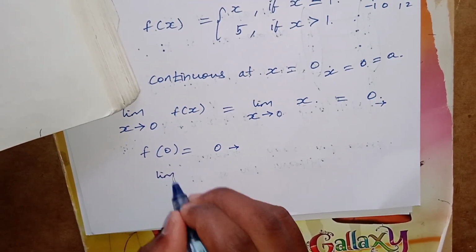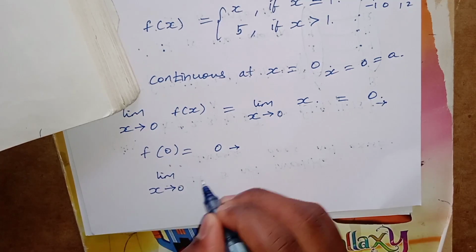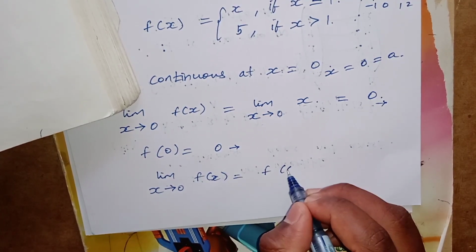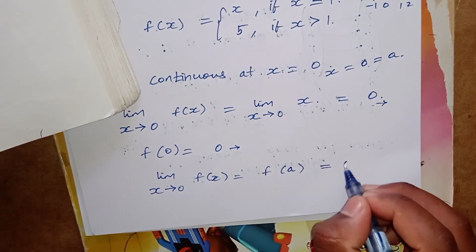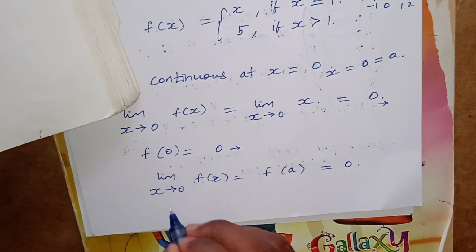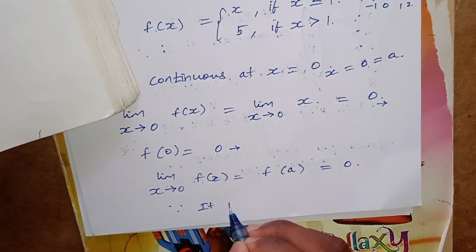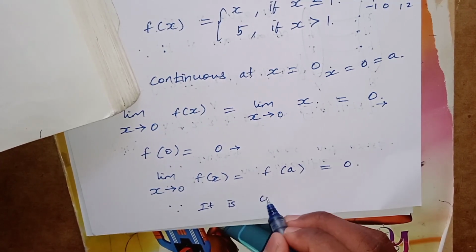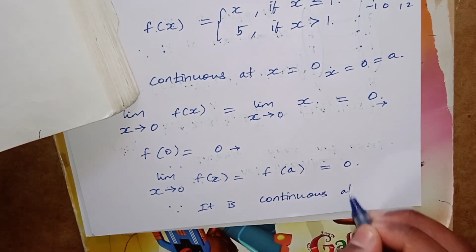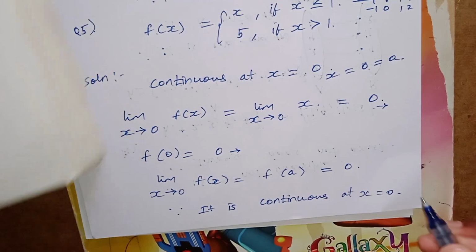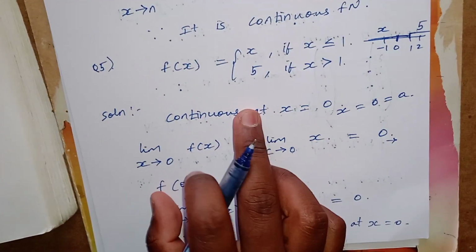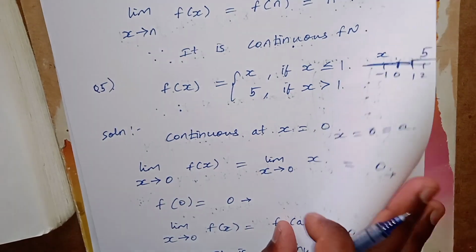Finally you should write limit x tends to 0, f of x is equal to f of a is equal to 0. Okay, therefore finally you should write it is continuous at x equal to 0. At x is equal to 0, the given function is continuous.